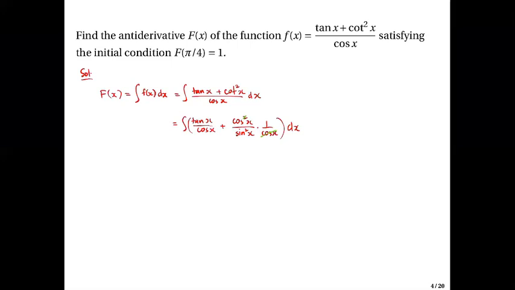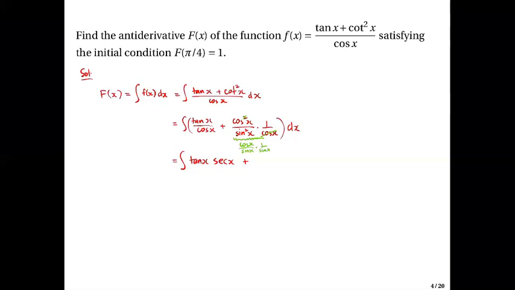So if we simplify this further, tangent x over cosine x, you can rewrite as tangent x secant x. And then we have cosine x over sine squared x. This we can rewrite as cosine x over sine x times 1 over sine x.